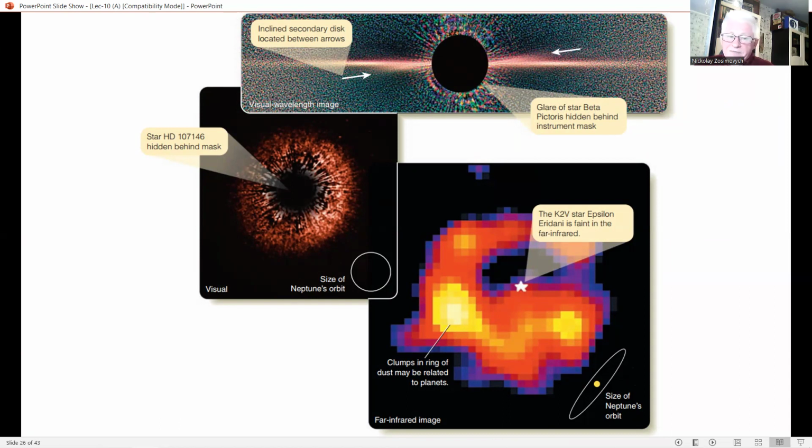Let's look at these more closely. The dust disk around Beta Pictoris, a star more massive and luminous than the Sun, is about 20 times the diameter of our solar system. The dust disk around Epsilon Eridani, a star somewhat smaller than the Sun, is similar in size to the solar system's Kuiper belt.